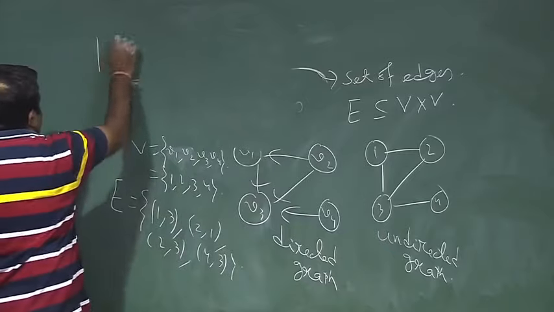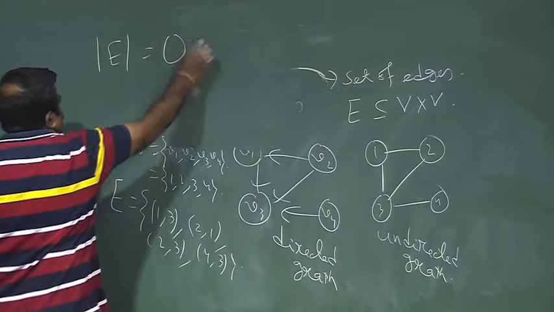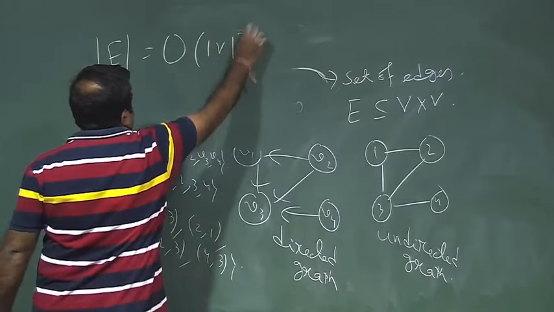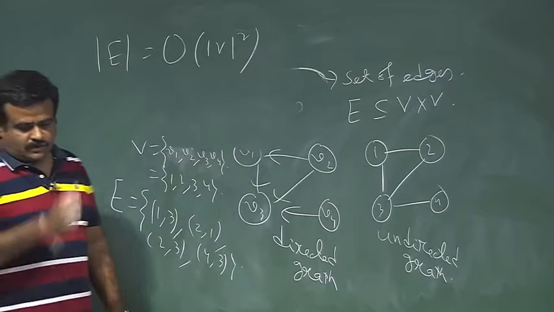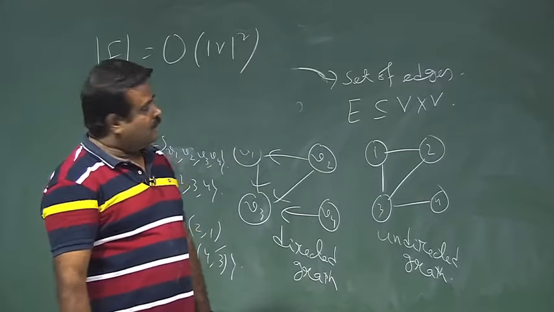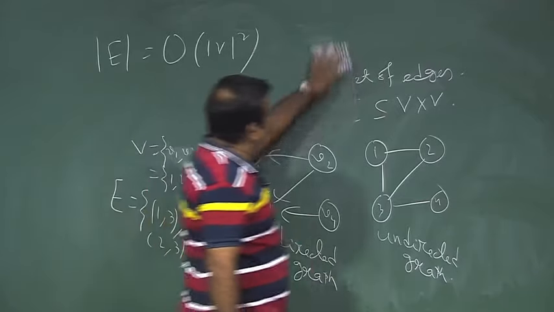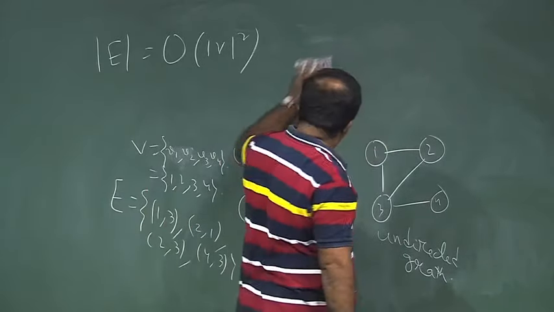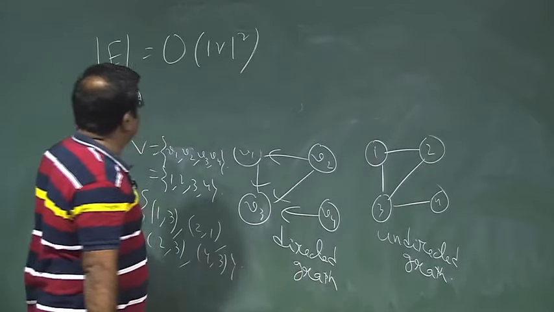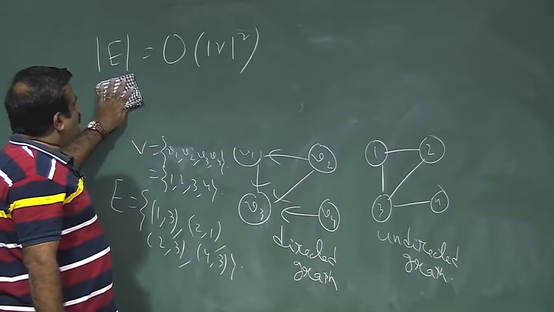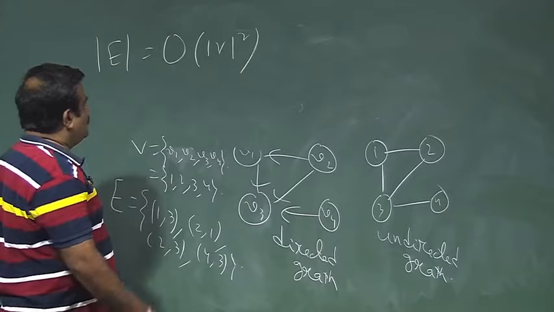Now, in a graph, what is the cardinality of E? E is of order V square, big O of V square, because at most it can be a complete graph. Complete graph means that between any two vertices there is an edge.